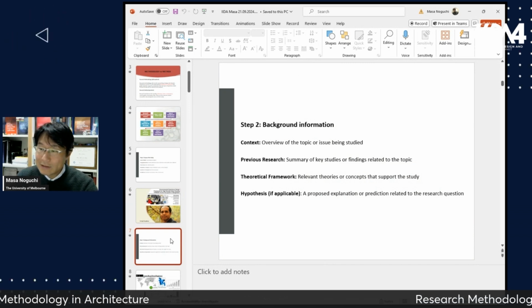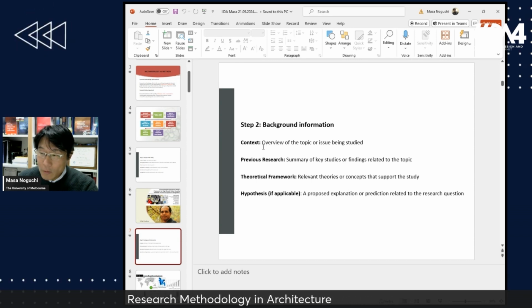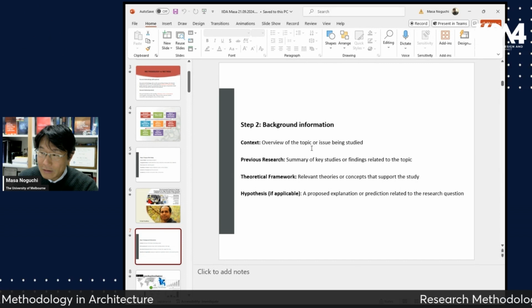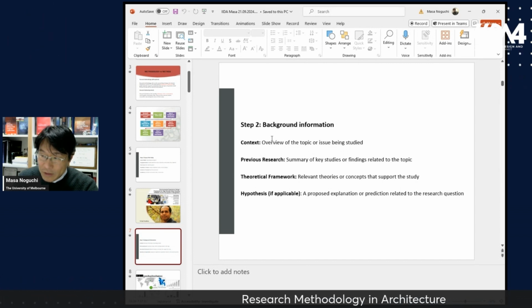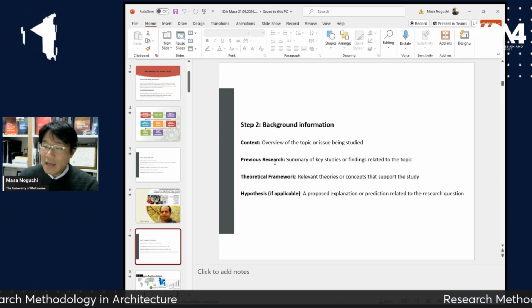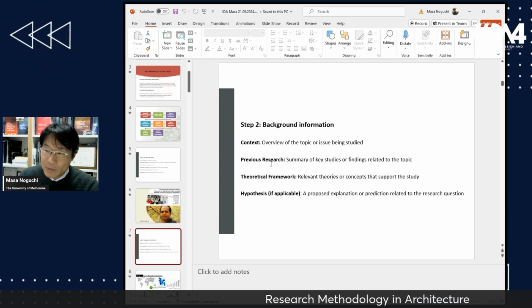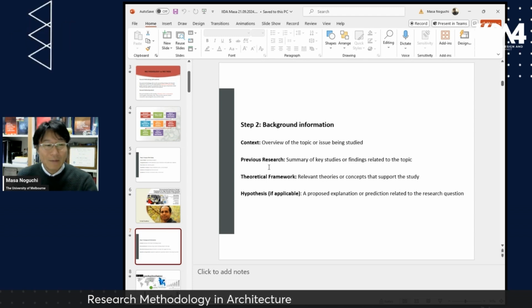After step one, the scope of the research, has been identified, we move on to the next step, which is background information. It encompasses the text, the overview of the topic or issues being studied, and contextualizes the elements and circumstances. Research should be done based on previous research, and education is a step ladder.